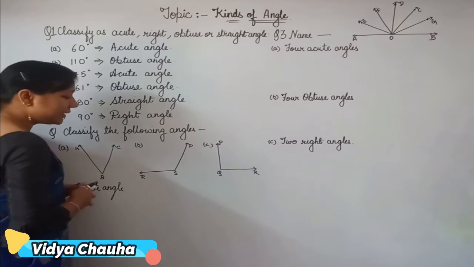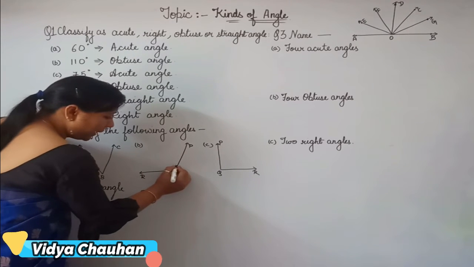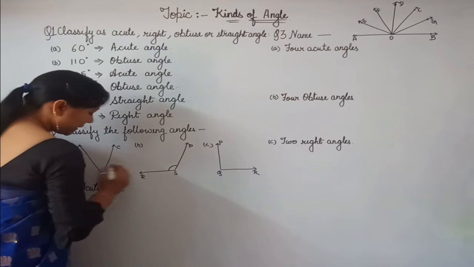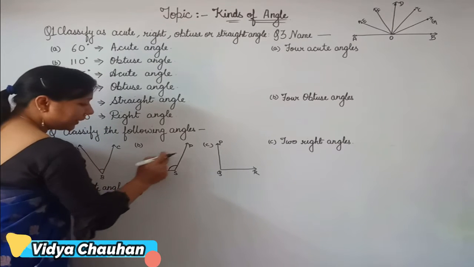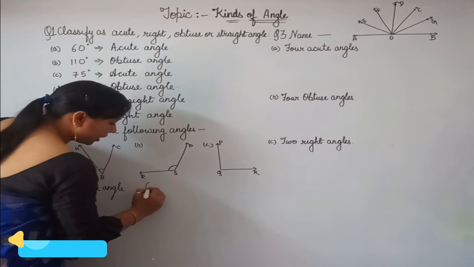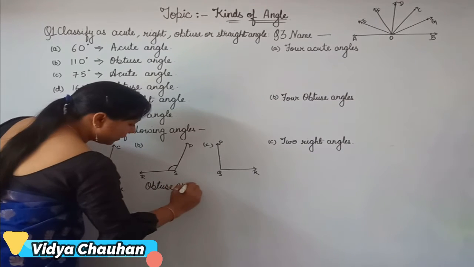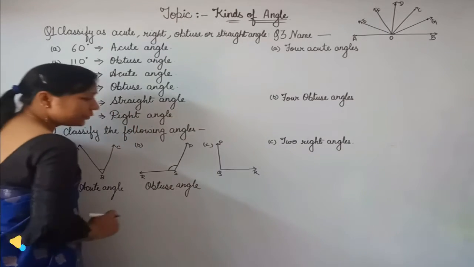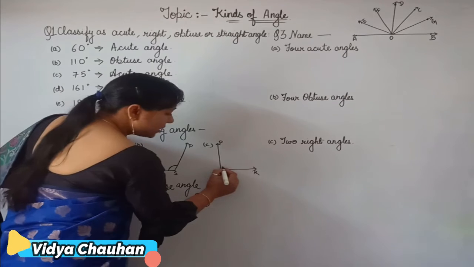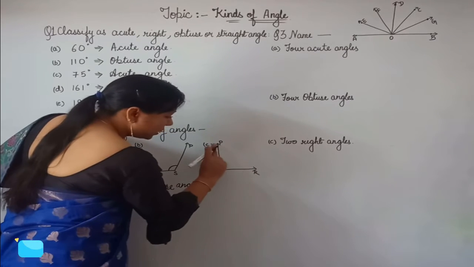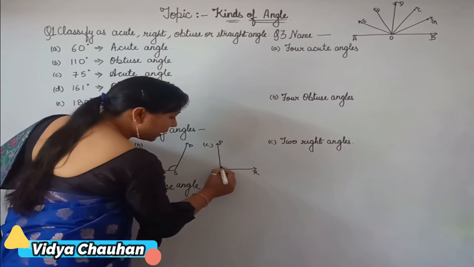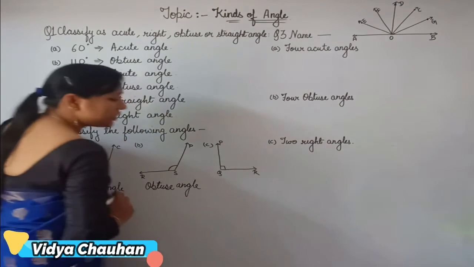What kind of angle is this? Here you can say there is a big opening between the two arms. So what kind of angle is this? It is an obtuse angle. Clear, students? Coming to this third part, as you can see, both the two arms are almost perpendicular to each other.